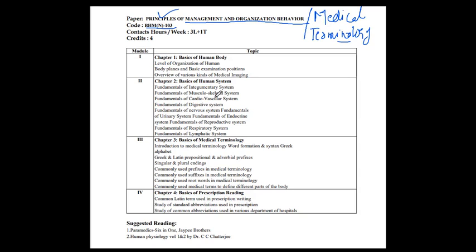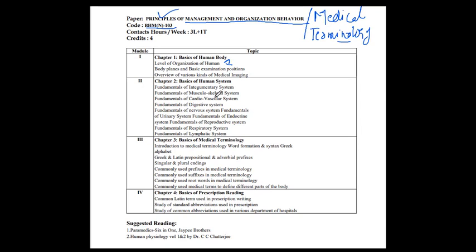I've erased it, and as I go on reading the different topics, I will try to find out the number of topics in each module. So the first topic under the first chapter is given here as the level of organization of human. This goes as topic number 1.